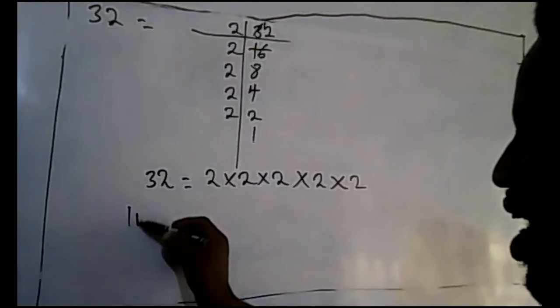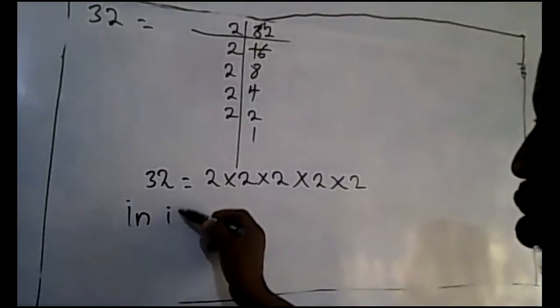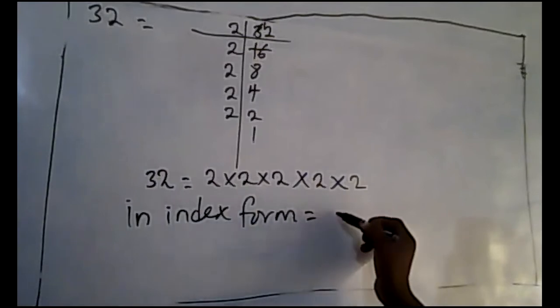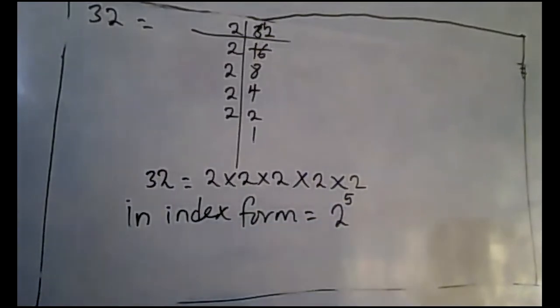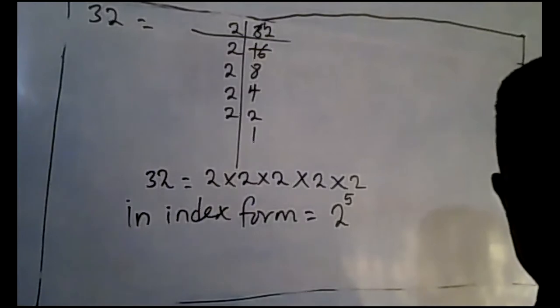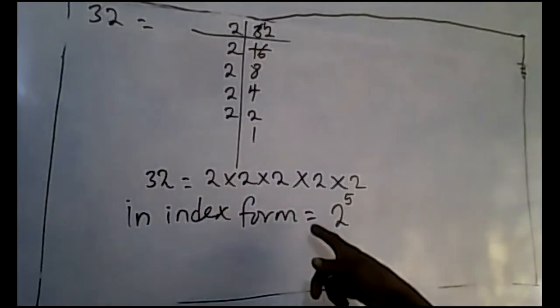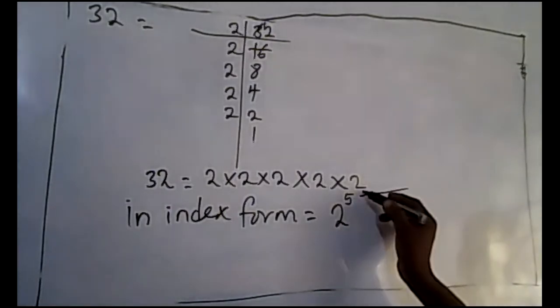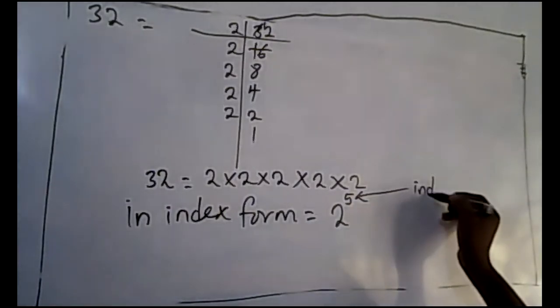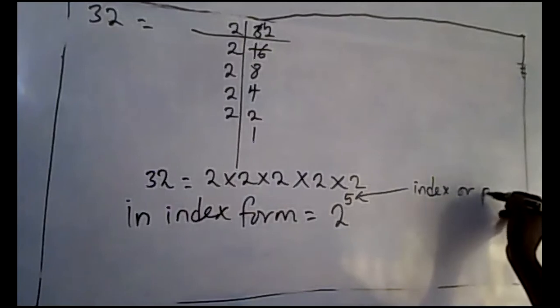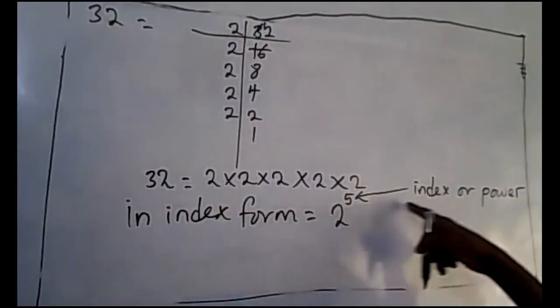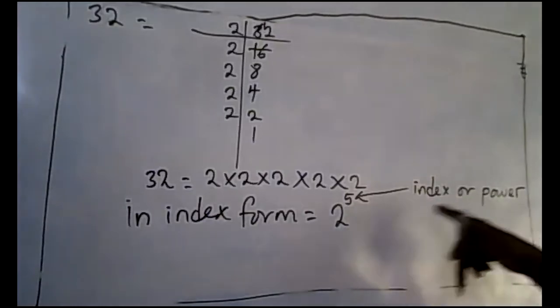So in index form, it will be 2 raised to power 5. That was what I explained in the previous slide. This 5 here is what we call index or power.